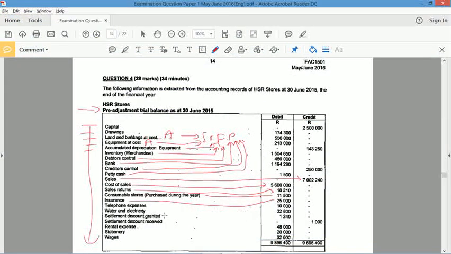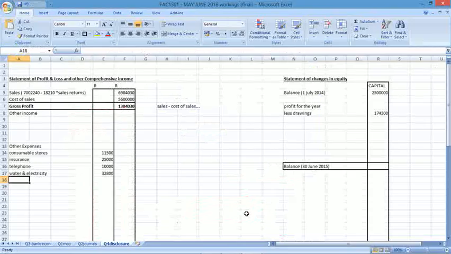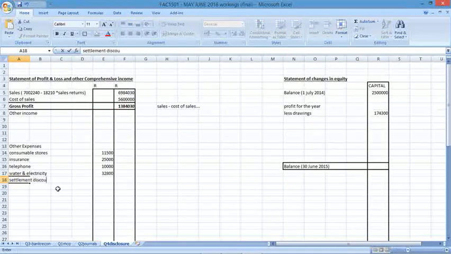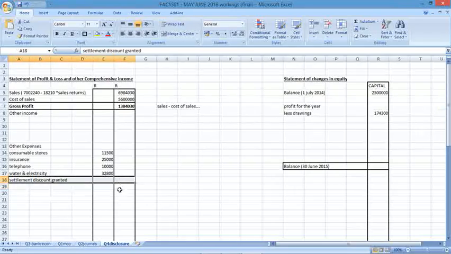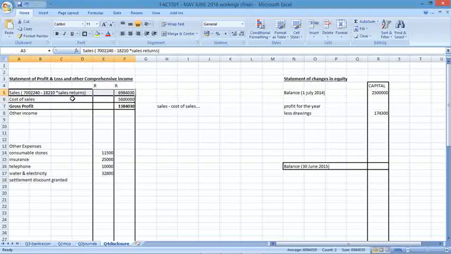Next one is settlement discount granted. Discount granted would have been seen as an expense. Again, with the settlement discount granted, because it relates to your debtors, you could also show that as part of this working against sales. I prefer to show things separately.